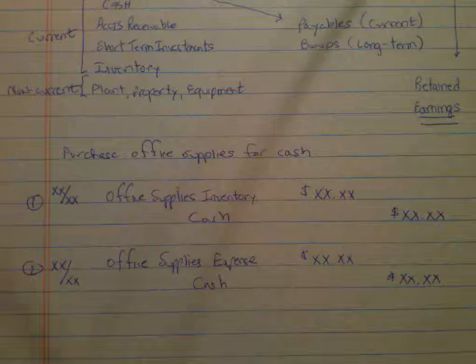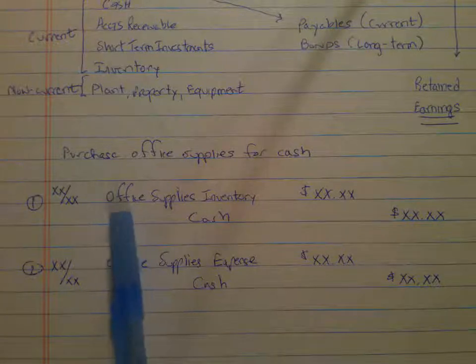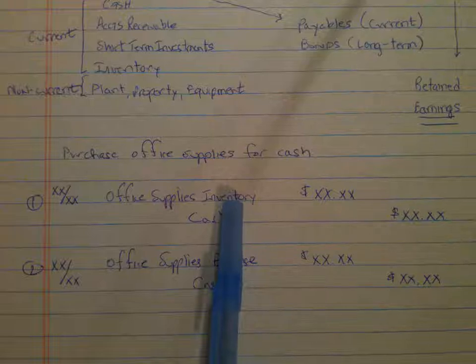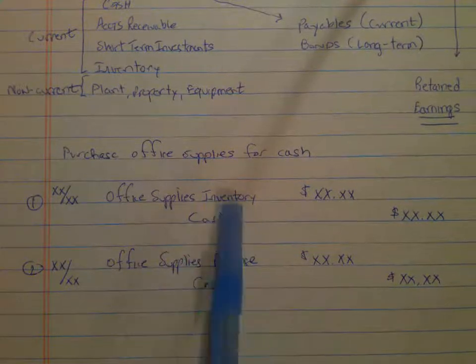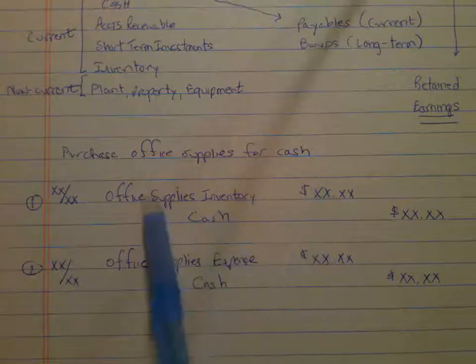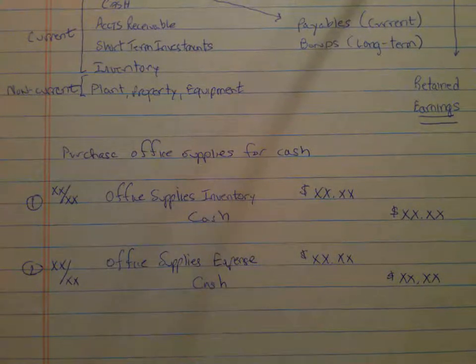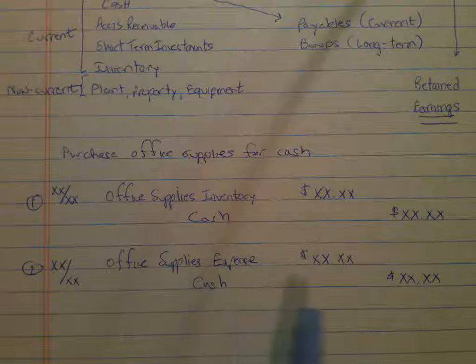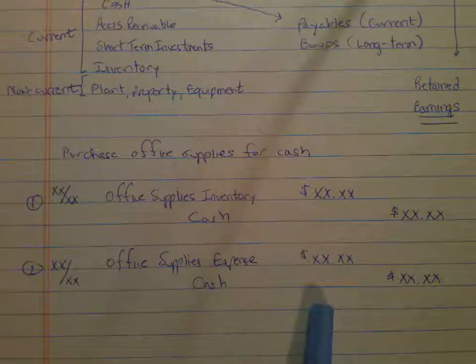What'll happen with this preferred method is that as we use the inventory up, we will recognize office supplies expense. And how we'll do that is somebody will actually go and physically take an inventory. They'll count up the office supplies that are left, figure out what the value is of that inventory based on what was paid for it, and make an adjustment to the inventory account. And so they would basically at that point debit office supplies expense and credit office supplies inventory.